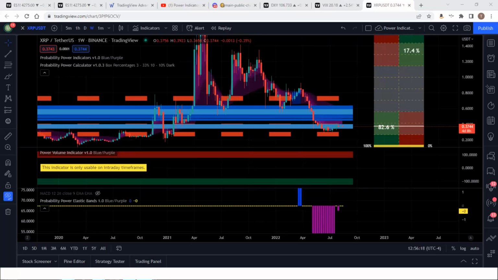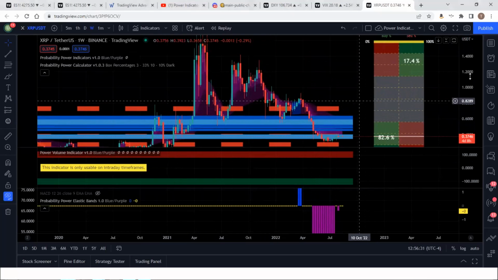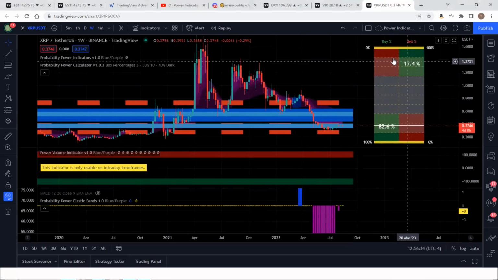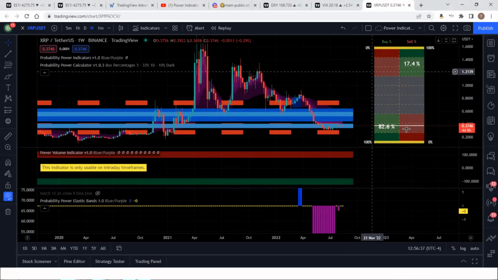Sanjay, is there something that tells us the overall strength of a level, if it will hold? That's really just taking a look at all of the indicators. You take into consideration everything. You look at the probability calculator, and that'll tell you if you have a higher percentage over shorter or long at that point in time.